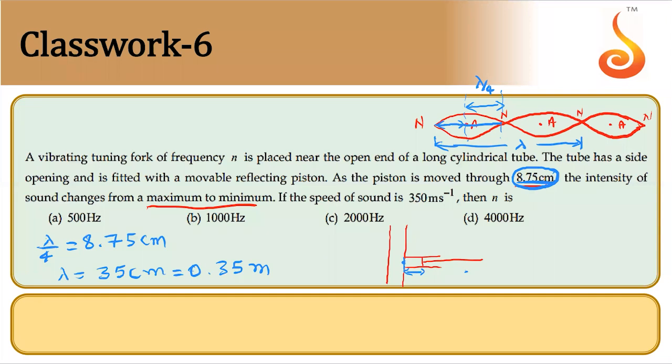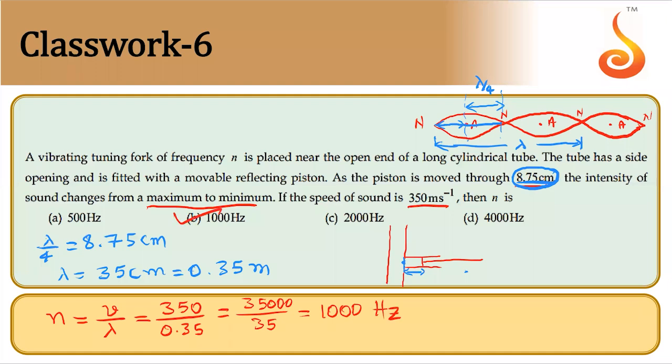Now they're asking for frequency. Frequency is given as N. N should be equal to V by lambda, right? Frequency should be equal to velocity by wavelength. Velocity is given 350. Wavelength is 0.35. So that will be 35,000 divided by 35. That is 1000 hertz. That is option B.